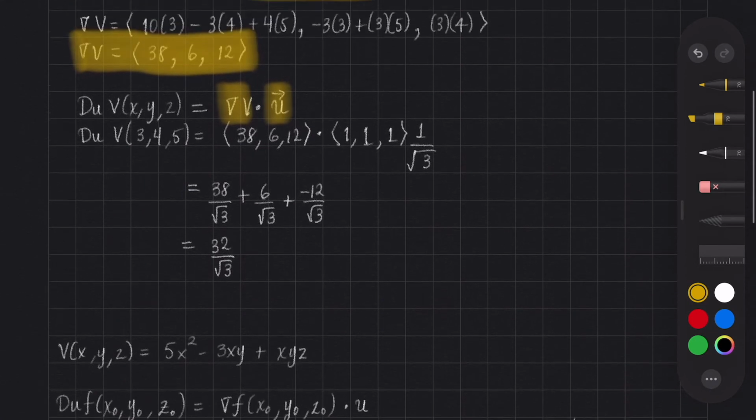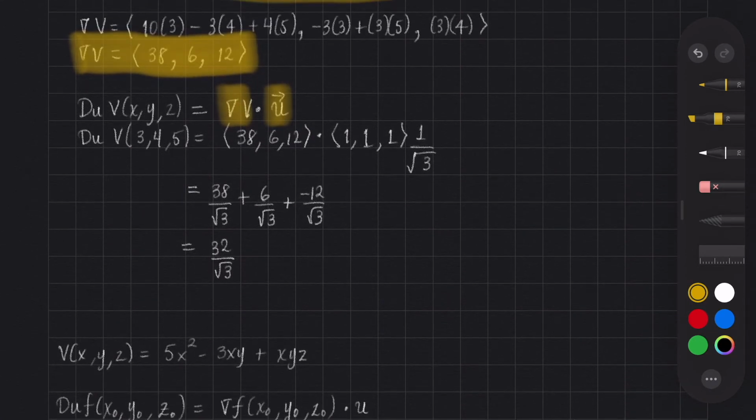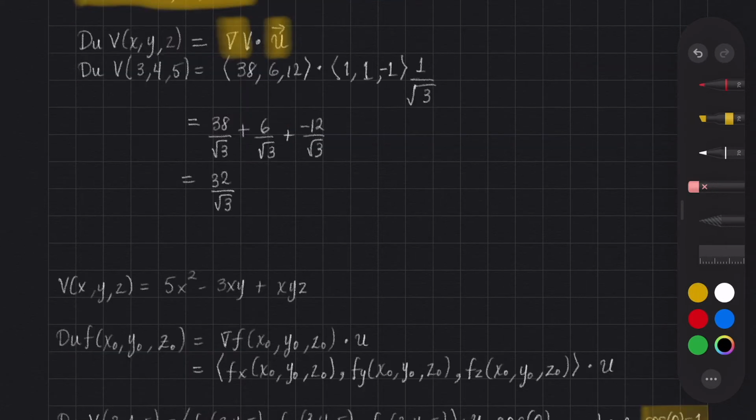The dot product was covered in section 12.3, I believe. Yes, we did cover the dot product in section 12.3, but it's very easy.